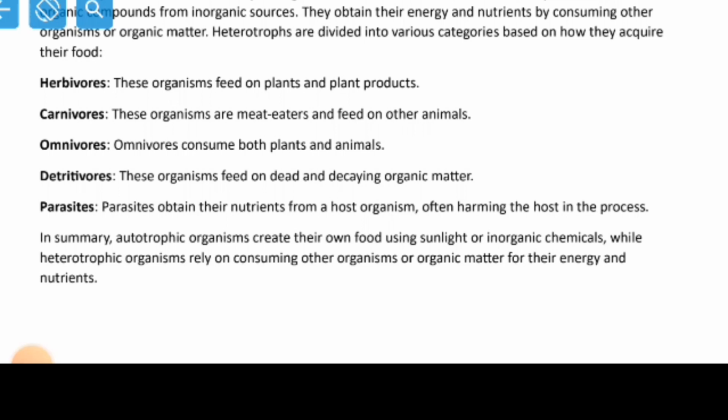For example, an example of a parasite in plants is cuscuta, right? This is a plant which does not have a root, and it climbs up on another plant or another tree, and it is yellow in color. In Hindi, I think we call it amar bell, right?